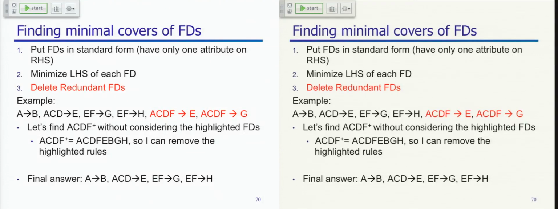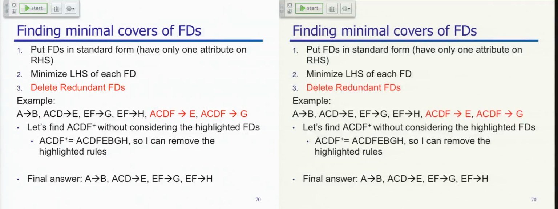So this rule I'm currently ignoring, and if I know ACD, I can already get E based on the second rule. So I have ACDF, and the second rule tells me if I have AC and D, I can get E. So since I can get the same closure without considering this rule, then I'm going to drop this rule.